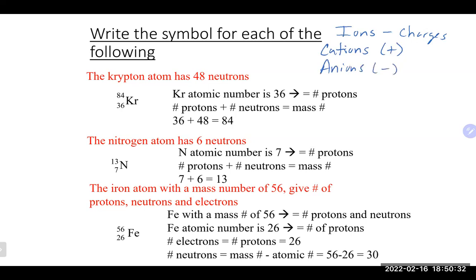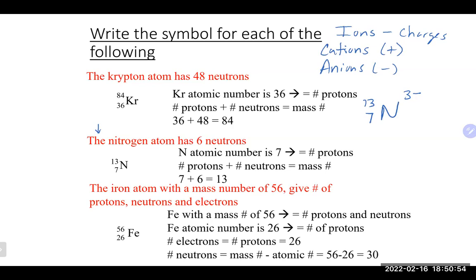So let's just say, for example, we took our nitrogen that we did previously here. And let's say that we had nitrogen 13, 7, and a -3 charge in this case. Now, in this case, it obviously has a charge. We can see it written there.